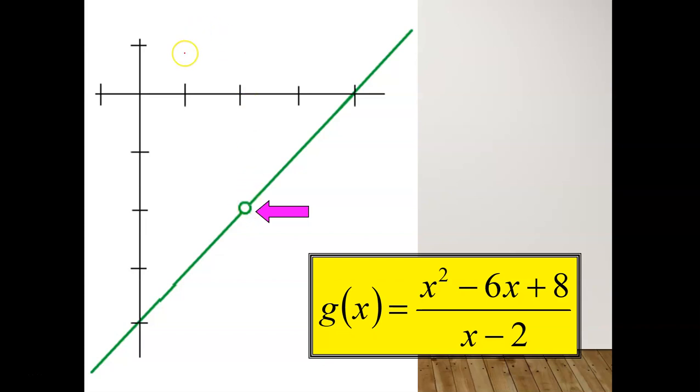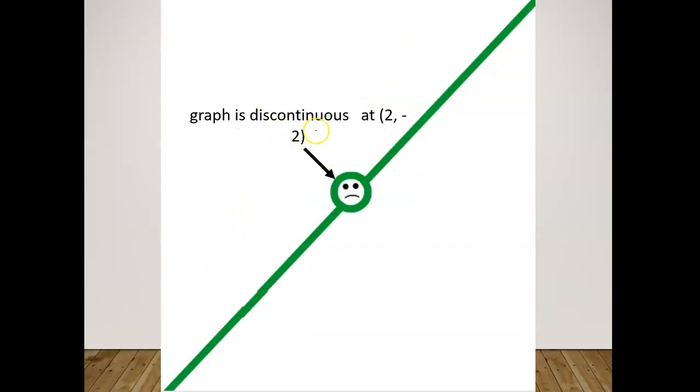So here is 0, here is 1 and 2. You have no value when x equals 2 because when you substitute x equals 2 here, it will be divided by 0. So there is an empty hole here. So the graph is discontinuous at 2.